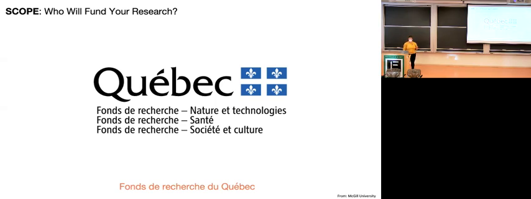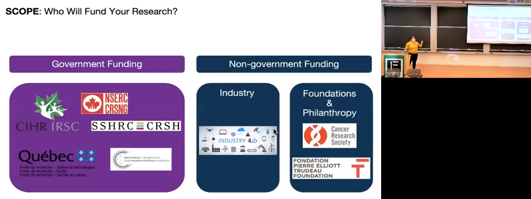So I don't know if that exists in all provinces. I don't think that exists in Ontario, I'm not sure. I know Research Manitoba exists because I did my master's in Manitoba. And so that kind of is an overview of government funding.